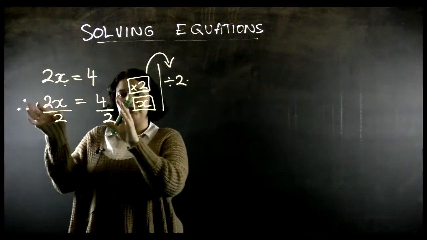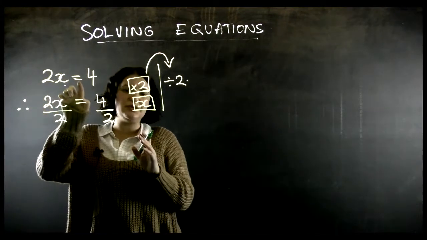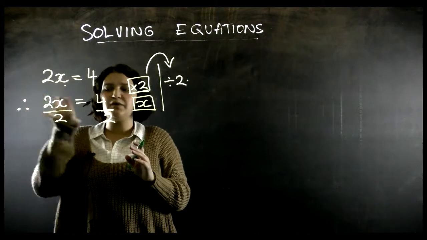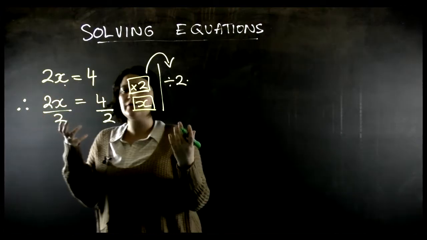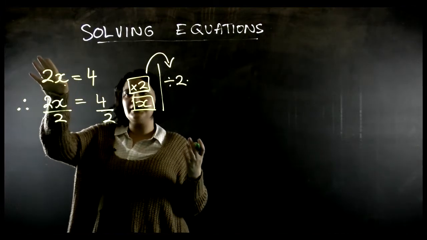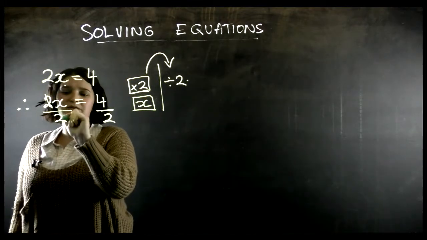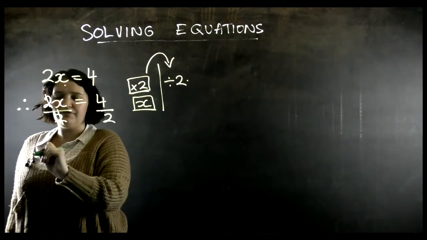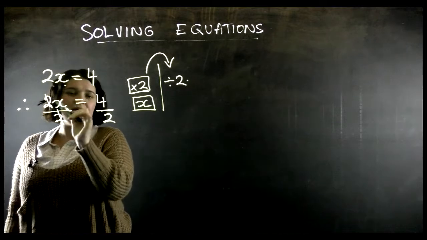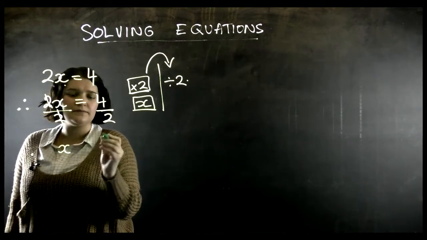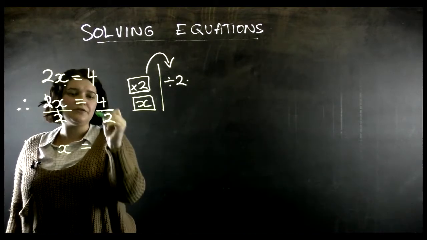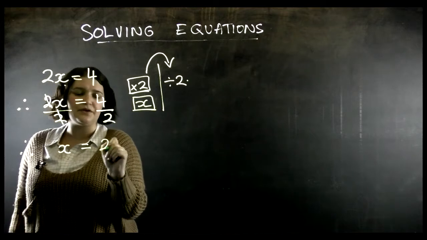Now I've had to do the same thing on both sides because of this symbol here, this equal sign. If I just divide one side by 2, it's not equal anymore. So anything I do on this side of the equation, I also have to do on the other. 2 divided by 2 cancels out. So therefore, on the left-hand side, I'm left with just x equals 4 divided by 2 is 2.